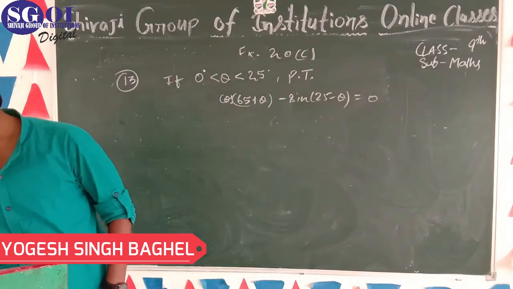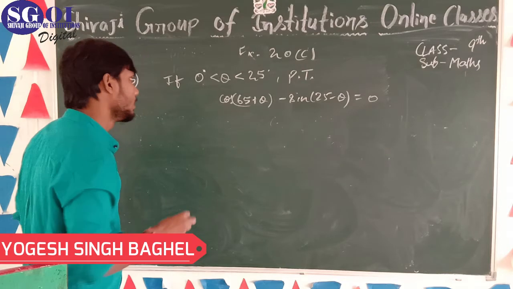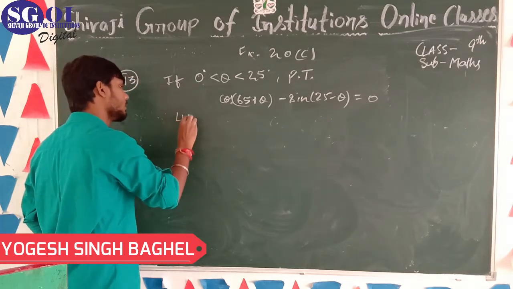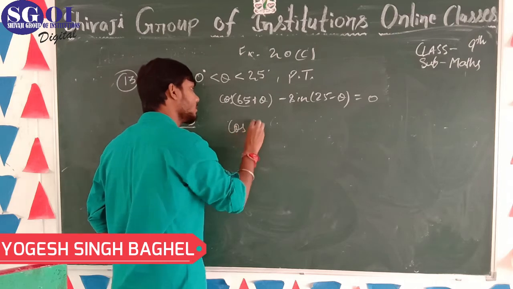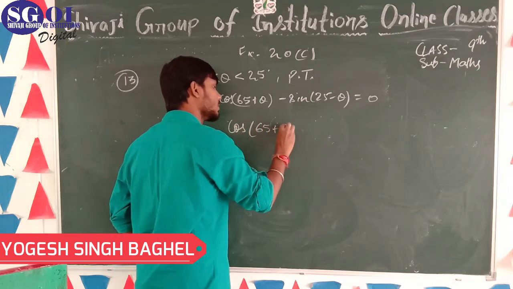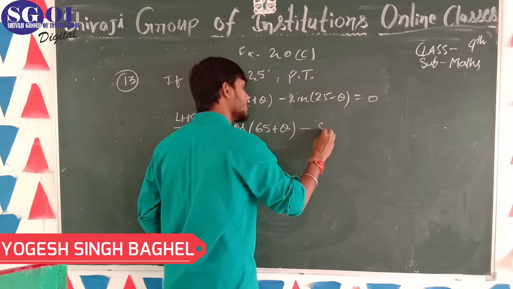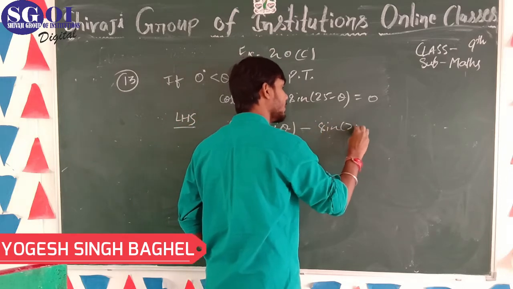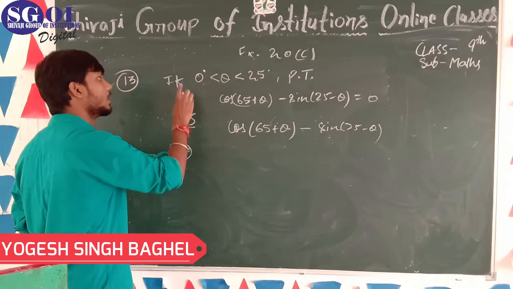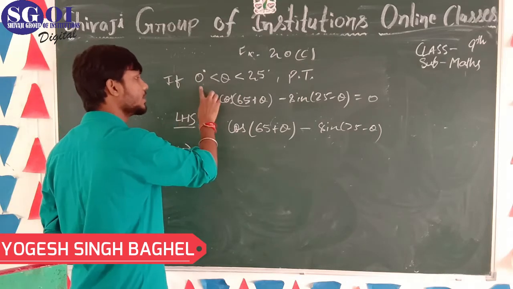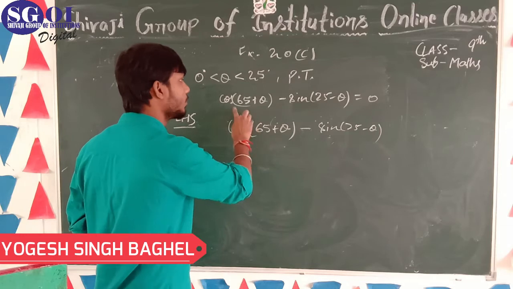Now we take LHS: cos 65 plus theta minus sin 25 minus theta. Because in the given question theta lies between 0 and 25 degree, we have to prove this.